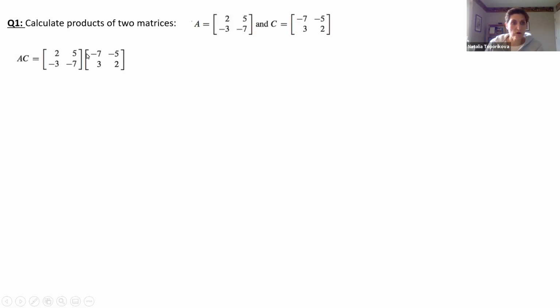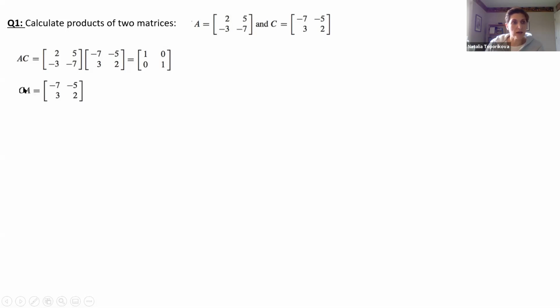We take the row, multiply it by the column, get the element 1,1, get the first row multiplied by the second column, get the element 1,2, and so on. I actually strongly recommend you recalculate this algebra, and you would notice that the result of the product is an identity matrix.